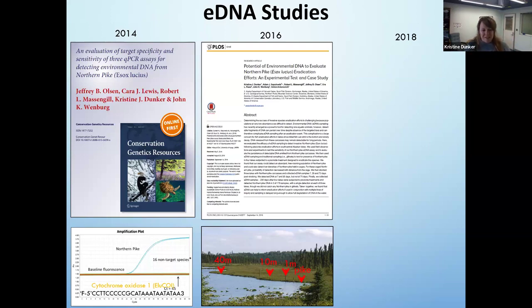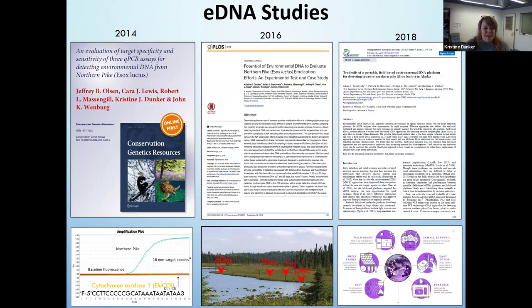So in our case, our study found decreasing probability of detection with distance from that source of northern pike. But our biggest takeaway was that eDNA really didn't serve our purpose as an eradication evaluation tool because of latent DNA within water bodies being detectable at least 8 months following treatments. And in most cases, our treatment evaluations needed to happen much sooner than that.